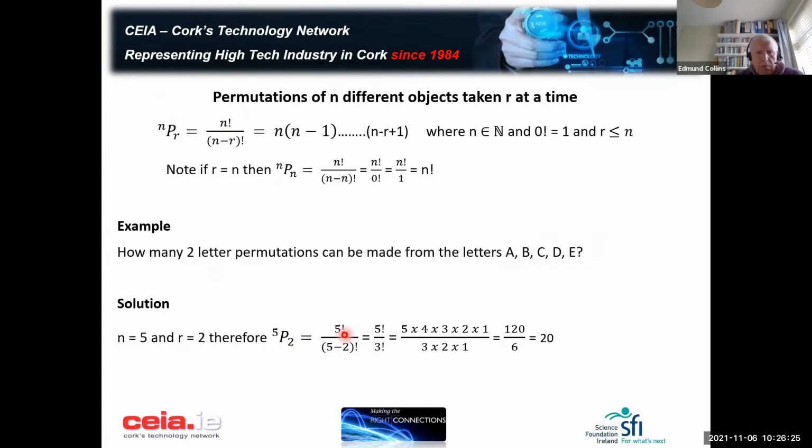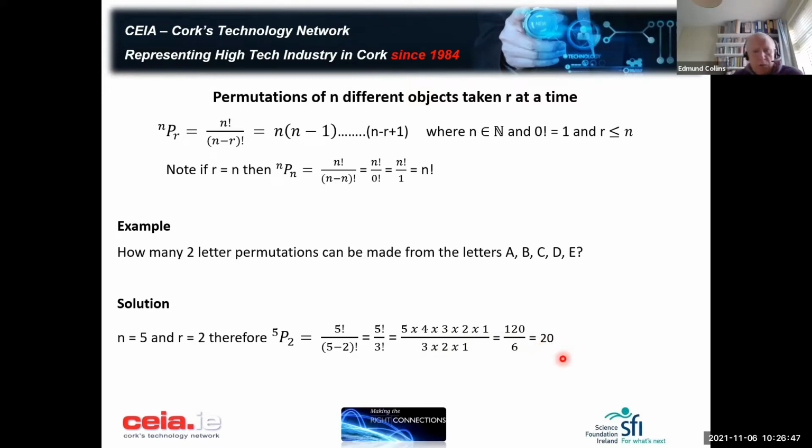So we can put that into our formula here. So we have factorial 5 divided by factorial (5 minus 2), which is factorial 3. So if you work that out, it's 5 by 4 by 3 by 2 by 1, divided by 3 by 2 by 1. That's 120 divided by 6. That equals 20.